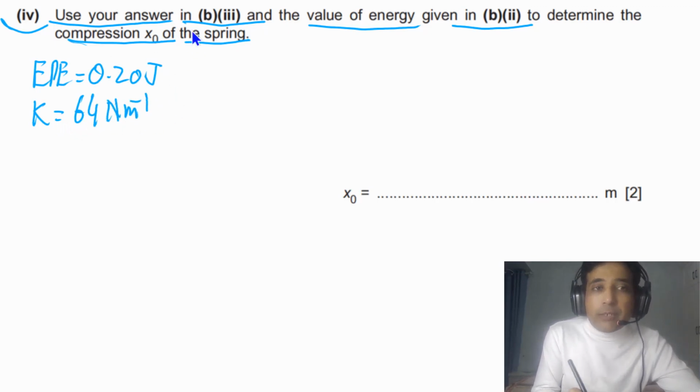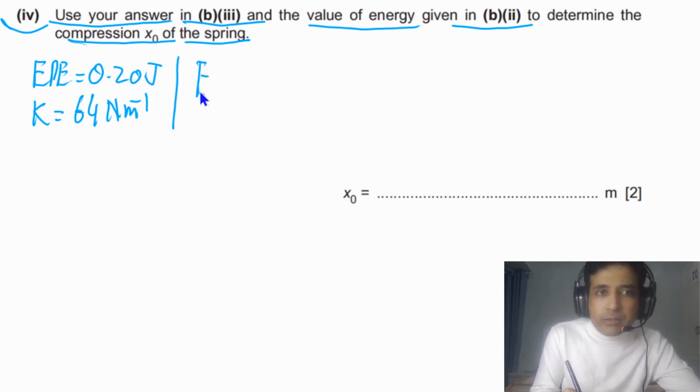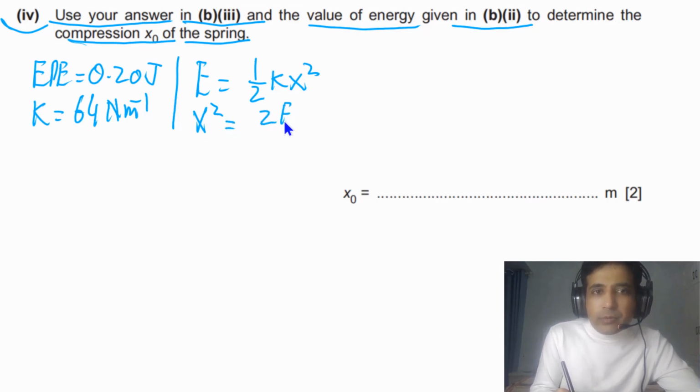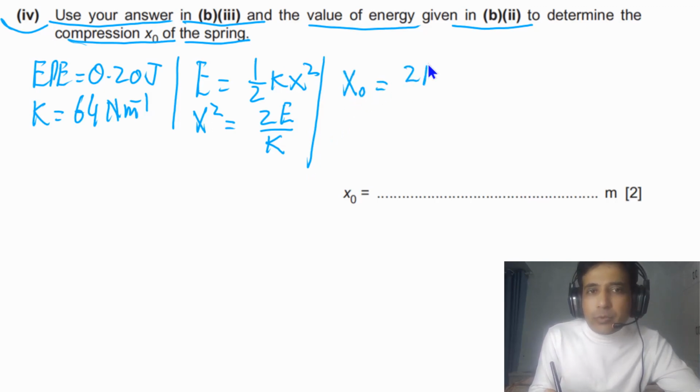Now we need to calculate the value of compression. So in this case EPE is equal to 1/2 kx squared, and we need to find the value of x. If we rearrange this, x squared will be equal to 2E divided by k. We need to find the value of x0, so we have to take the square root on both sides.